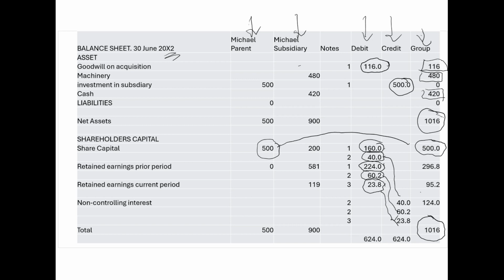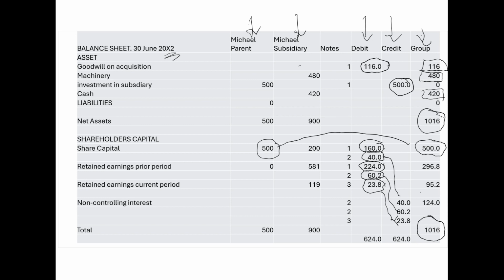Then the retained earnings, the prior retained earnings were eliminated at the date of acquisition, but anything after that, 80% of post-acquisition earnings is for Michael. It's Michael's subsidiary, and it then is assigned to Michael parent, but it's only 80% of that.